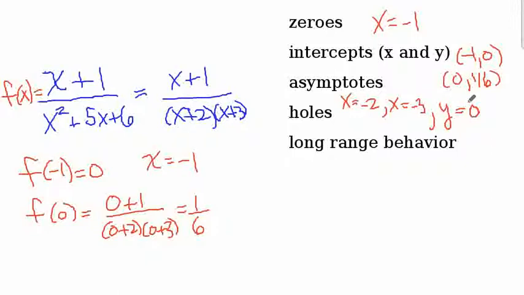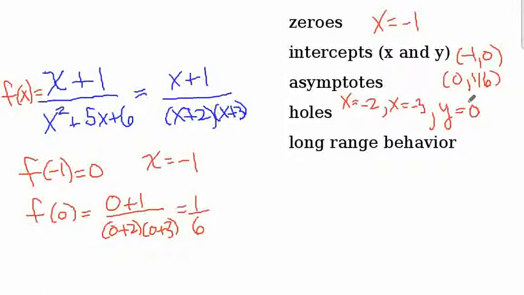By the way, notice what we just did to find the horizontal asymptote. We saw what the function was doing as x got very large in the positive or negative direction. That is also referred to as the long-range behavior, the behavior really far away from the origin, really far to the right or far to the left.